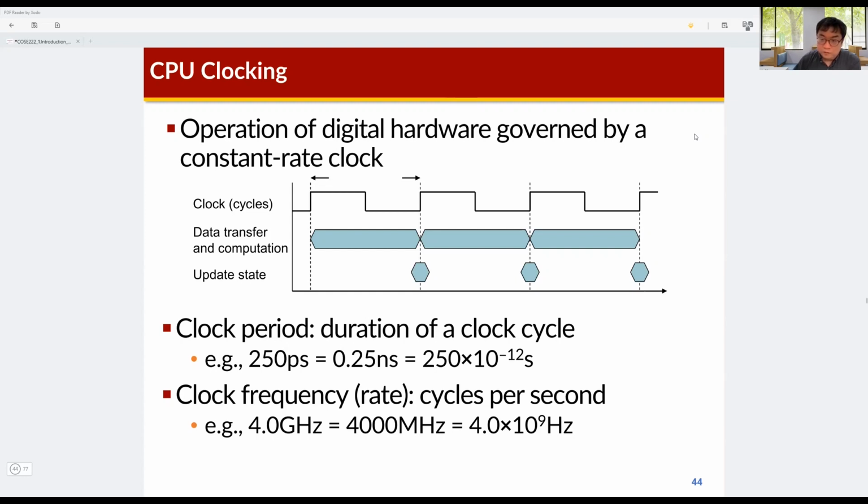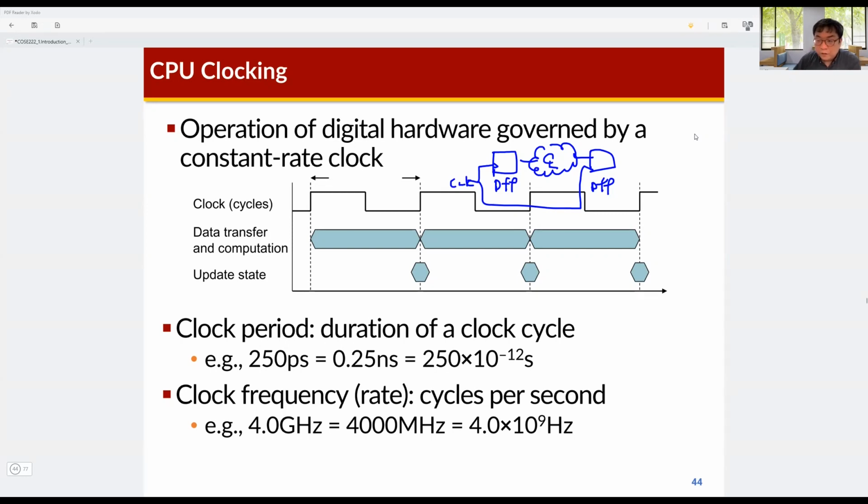Let's start from here. This is a D flip-flop, and this is a D flip-flop, and the combinational logic is here, and the clock is connected to the clock port of the D flip-flops. That is the basic implementation of digital systems.